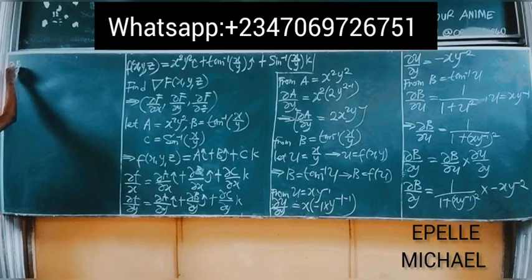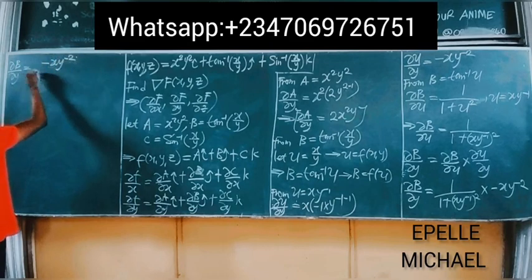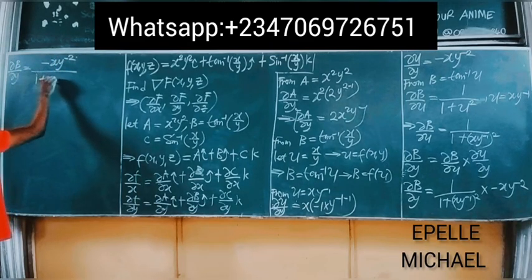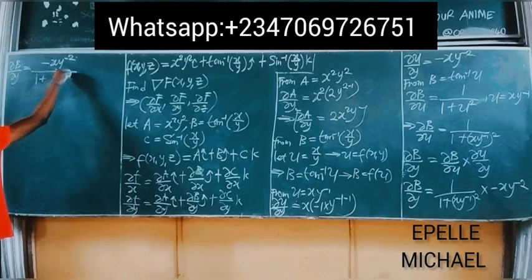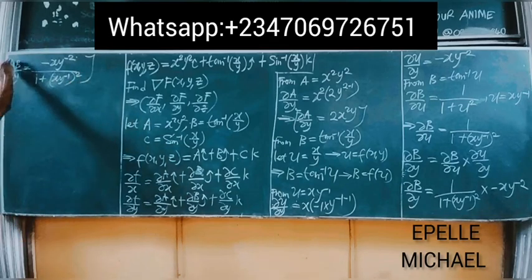Partial b all over partial y is now equal to minus xy to the power of minus 2 all over 1 plus xy to the power of minus 1 all squared. So this becomes the partial derivative of b with respect to y. You keep that aside.